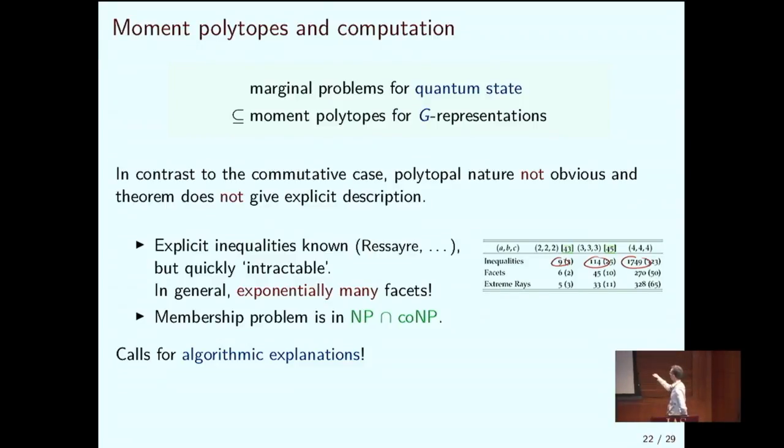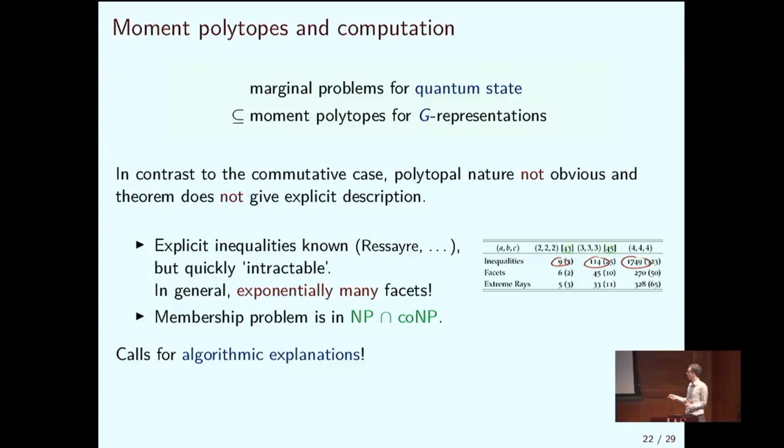Even with 3 quantum particles and local dimensions 4 each, there are lots of inequalities. The way these theorems work is that they give you a huge class of candidate inequalities, each of which you can check efficiently, but doing all this work requires a lot of time. And one can show that in general these polytopes have exponentially many facets.